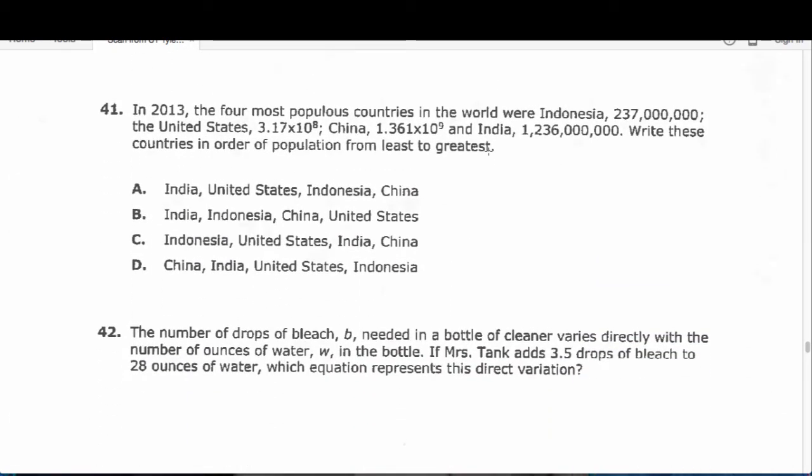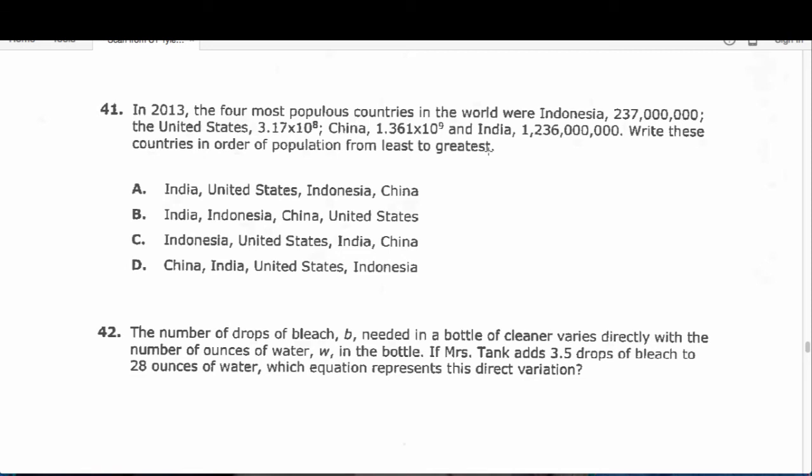Question 41. In 2013, the four most populous countries in the world were Indonesia, 237,000,000, the United States at 3.17 times 10 to the 8th power, China 1.361 times 10 to the 9th power, and India at 1,236,000,000.